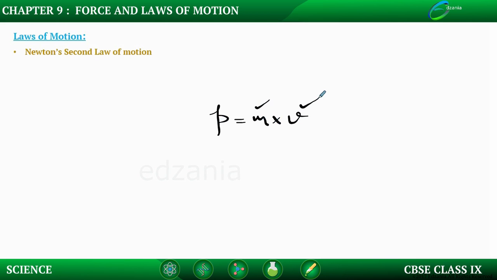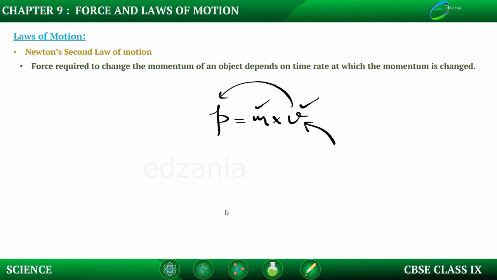Since the applied force causes a change in the velocity of the object, it will directly change the momentum also. Similarly, the force required to change the momentum of an object depends on the time rate at which the momentum is changed. So apart from force, the change in momentum of the object also depends on the time rate.